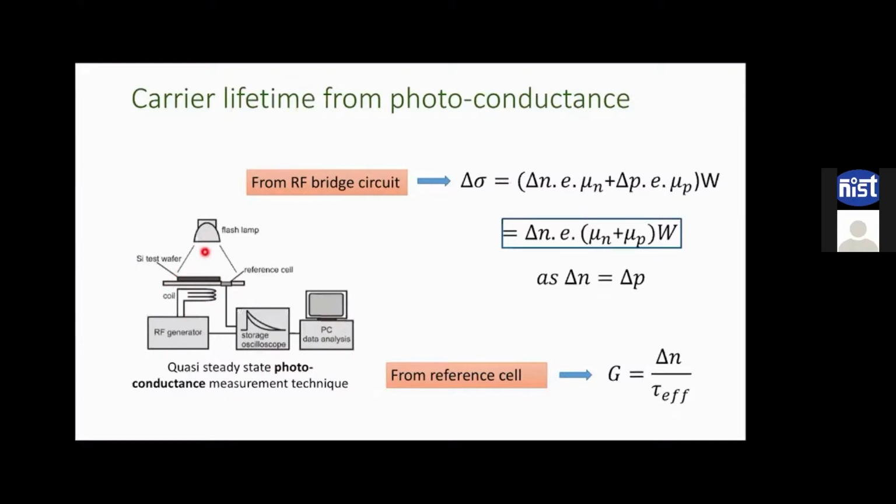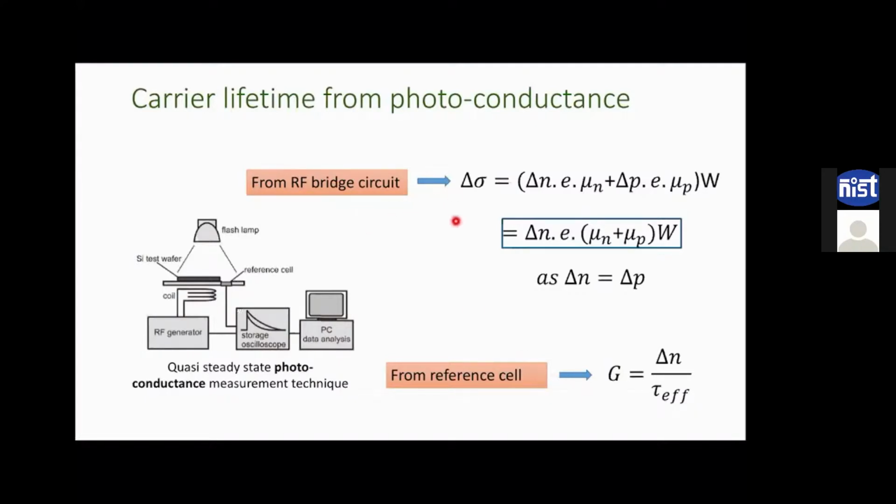So this absorption ability of the crystalline silicon is computed by the software from already available data, and those data give us the generation rate inside the crystalline silicon wafer. So from the reference cell, we are calculating the generation rate.